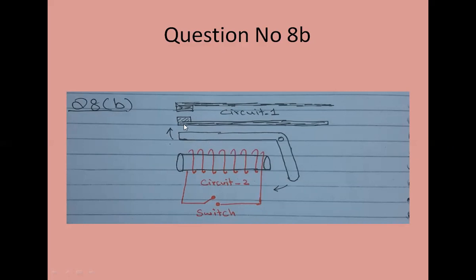When this moves upward, it will lift this, it will raise this contact, and it will touch with this contact. So the path of the current in circuit number 1 will be completed. So you see, by using the switch in circuit number 2 and the use of the relay, this is called a relay, we are able to switch on and off circuit number 1.